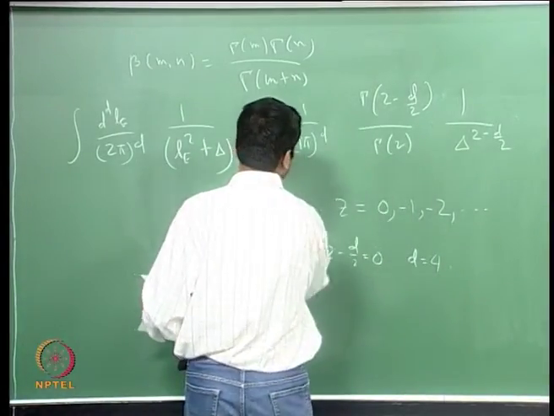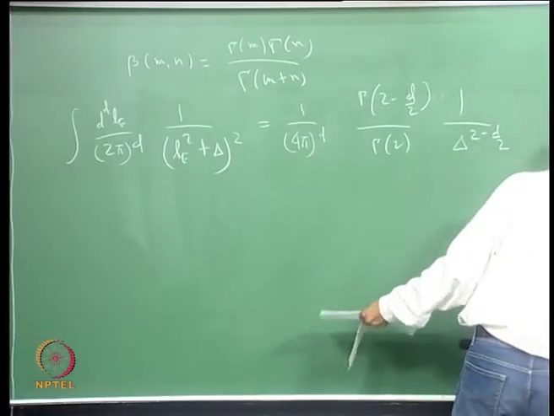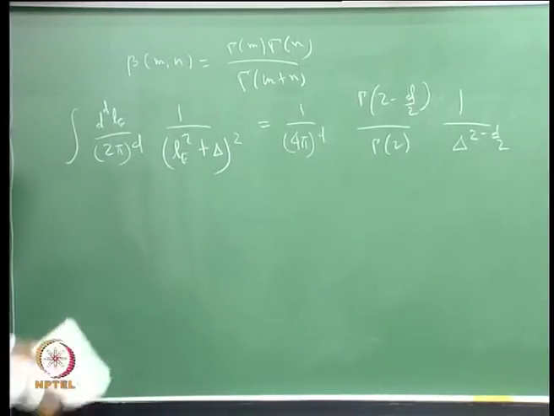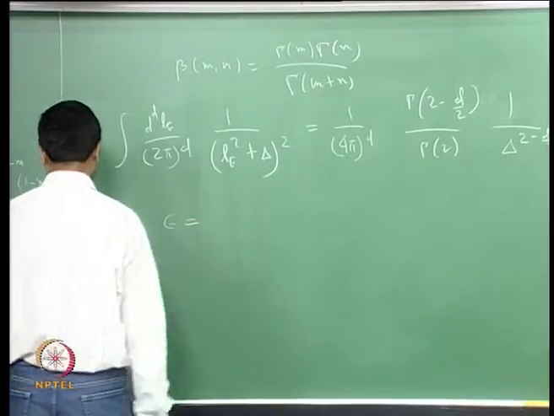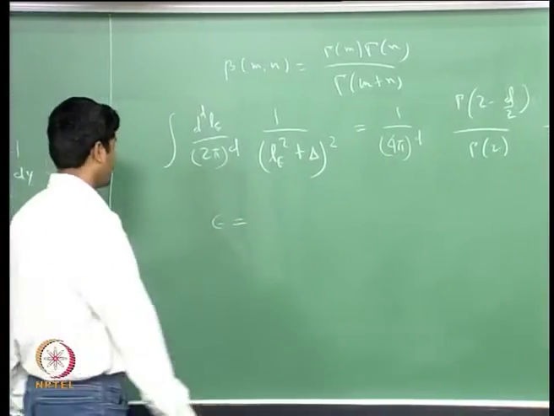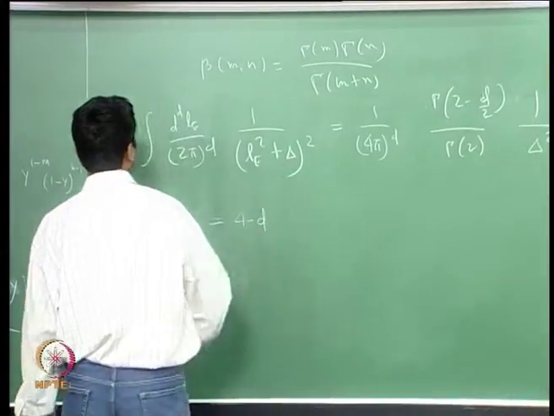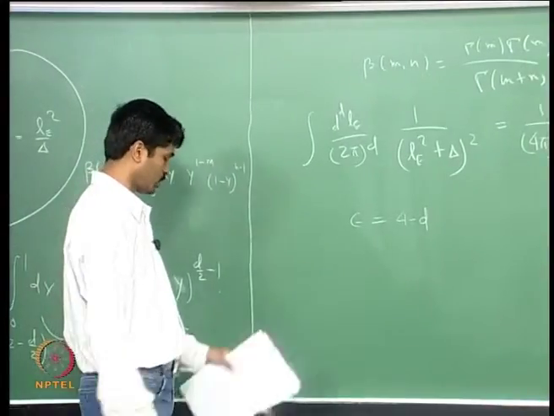What we can do is find the behavior of the integration here when d approaches 4. To do that, I will introduce epsilon, which is equal to 4 minus d, and then I will see how this integration behaves when epsilon tends to 0.